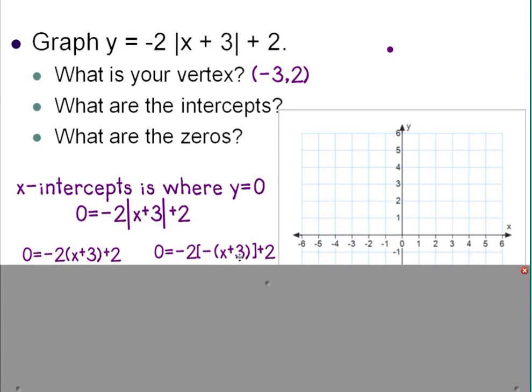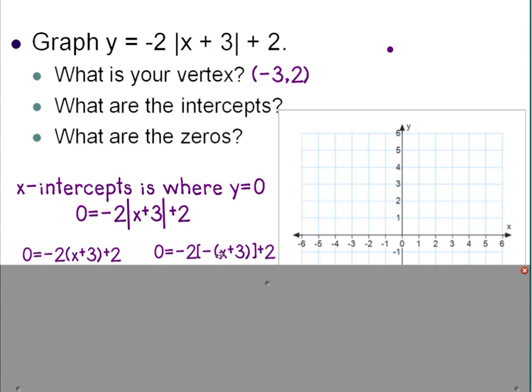So for instance, if I put in negative 5 here, negative 5 plus 3 is negative 2, but because it's inside the absolute value bars, I'm going to pull out a positive 2. So if I put in a negative 5 here, I'm still going to get negative 2, but because I got rid of the absolute value bars, that negative 2 is going to come out. I need it to be positive, so I'm going to take the opposite of that.